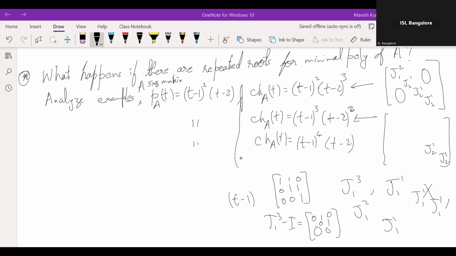You can try this computation and see what you get. If you square this matrix, it's non-zero, right? You get 1 in the extreme corner.